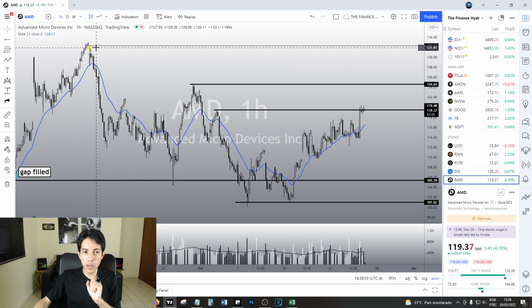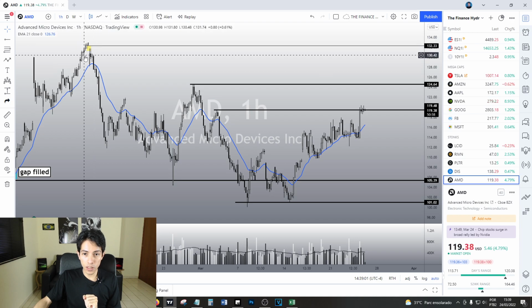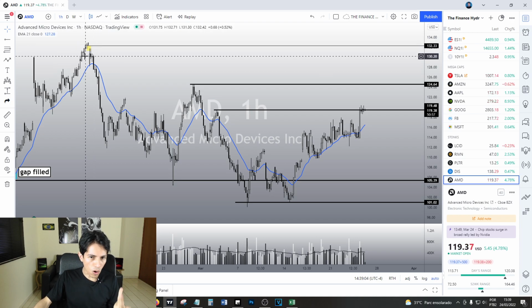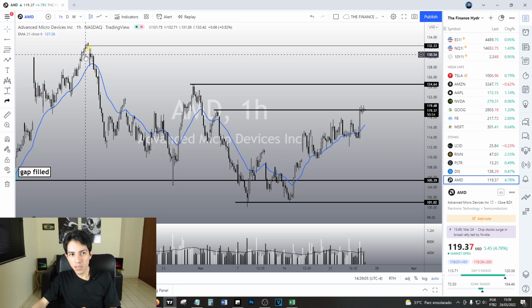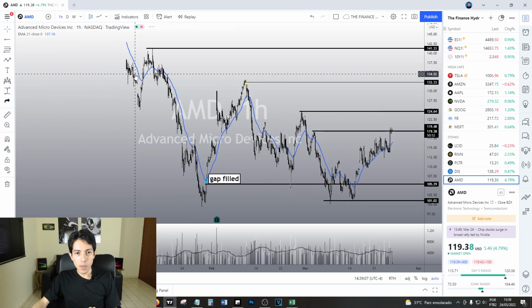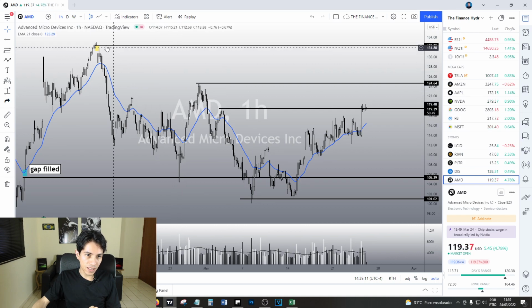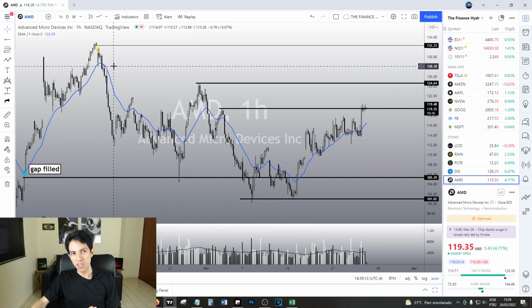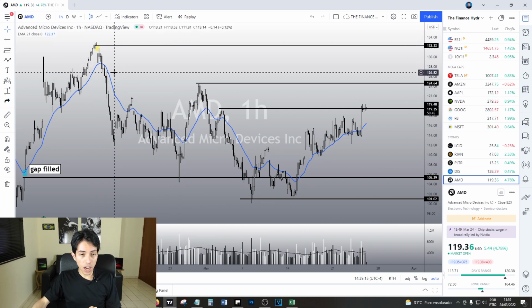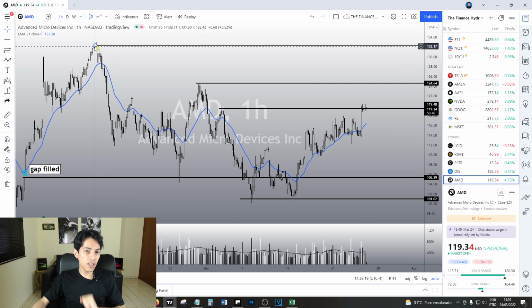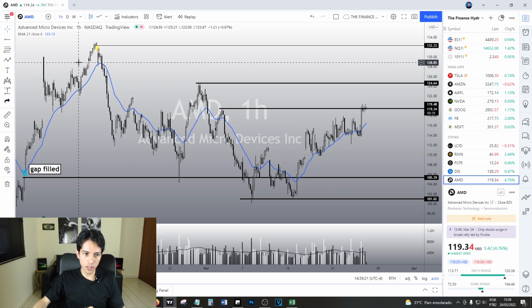I firmly believe this gap is going to be filled in the future. I just don't know how or when, but I firmly believe it will. AMD always fills the gaps that appear above the price, and this is one of them. So with a 100% history of success of filling gaps above the price, AMD is going to fill this gap as well in the future.